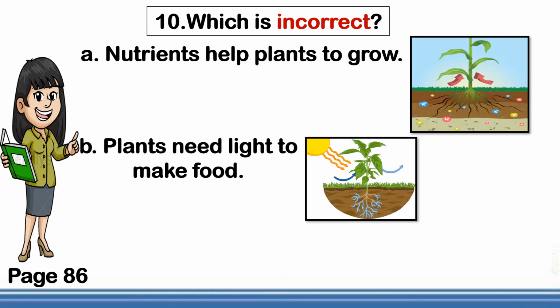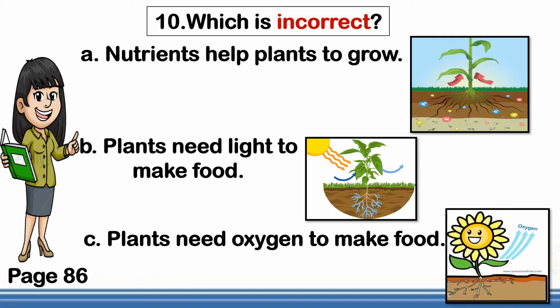Letter B. Plants need light to make food. Letter C. Plants need oxygen to make food. Is this correct?